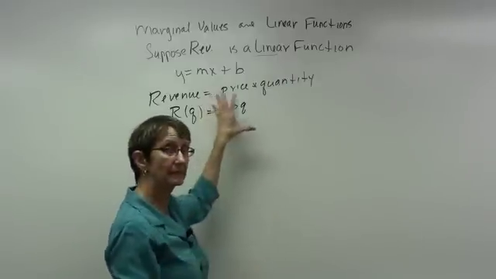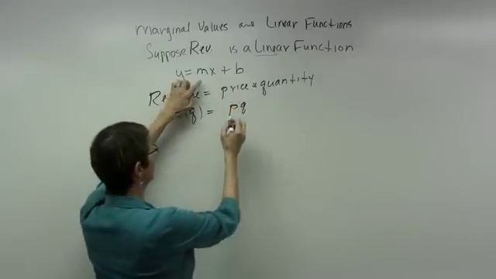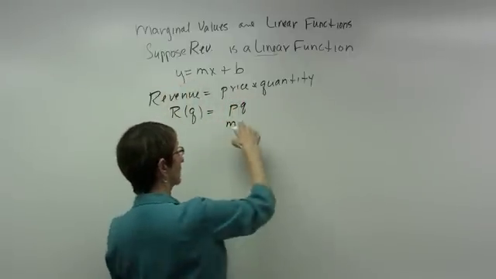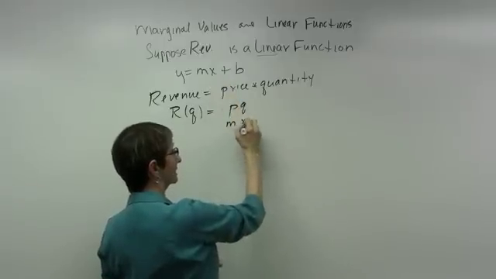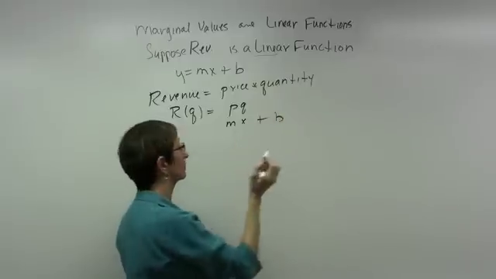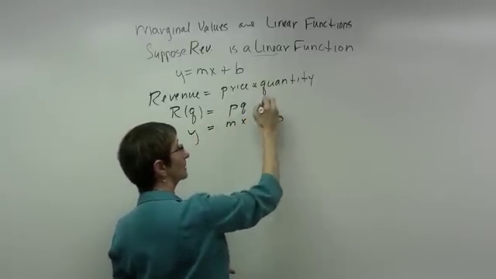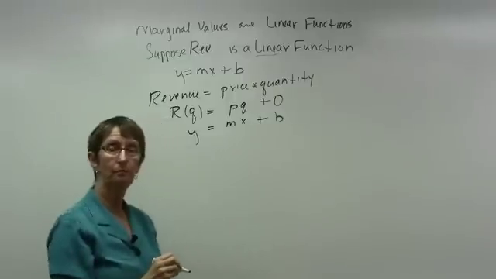If you think about this as a linear function, I have price is M, that's the slope. The Q is like the X, and we have a plus B for a linear function. In this case, for revenue, the plus B is just plus 0.